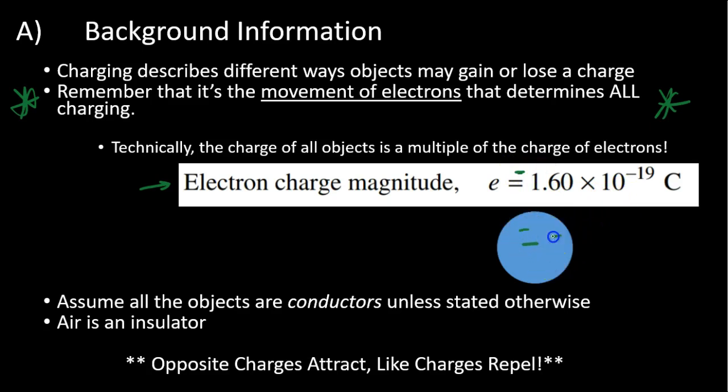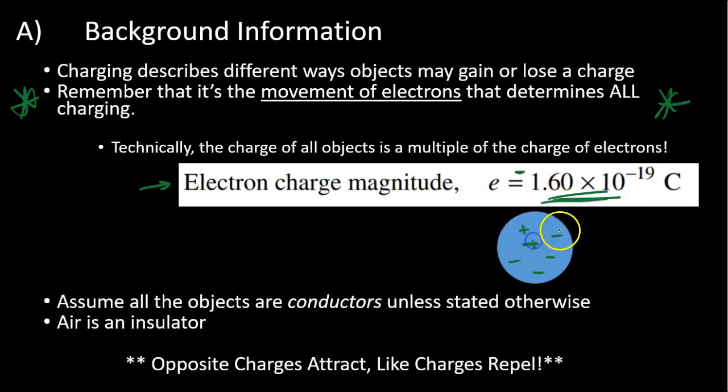Maybe I give it even more negative charges. Well, I can't add half of an electron. I can't split an electron in half. I can't add 3.4 electrons. So whether I'm making something negatively charged, I'm adding this amount of charge, and then another, and then another. It's some integer multiple.